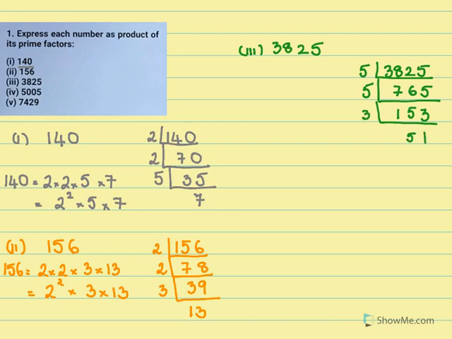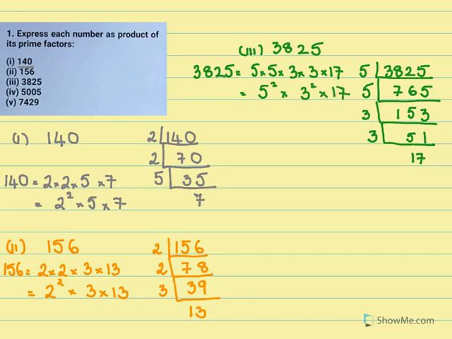We get 51. 51 is divisible by 3, and we get 17. So 3825 is equal to 5 into 5 into 3 into 3 into 17, which is 5 into 5 means it is 5 square, 3 into 3 will be 3 square, into 17.